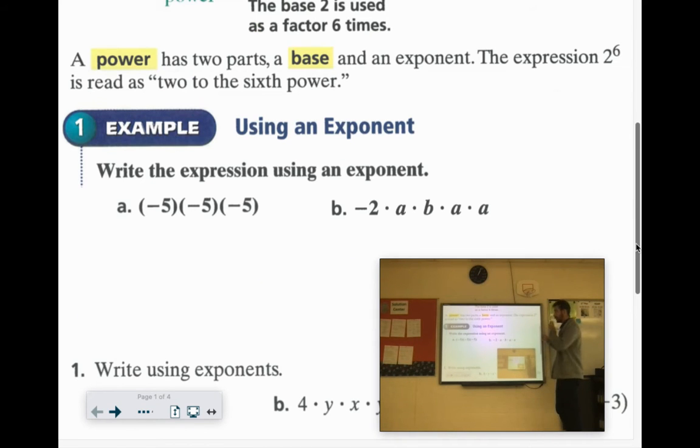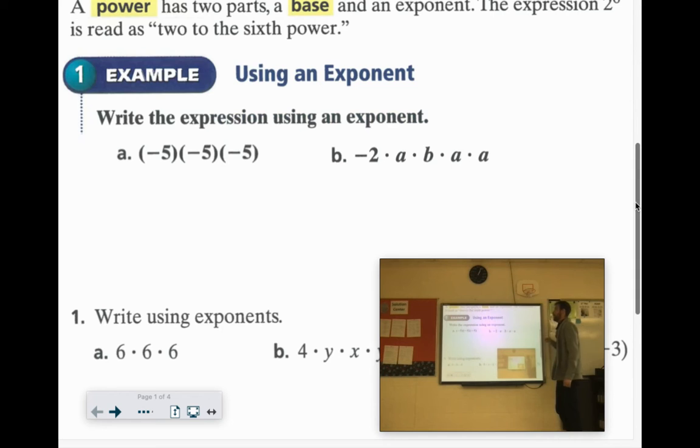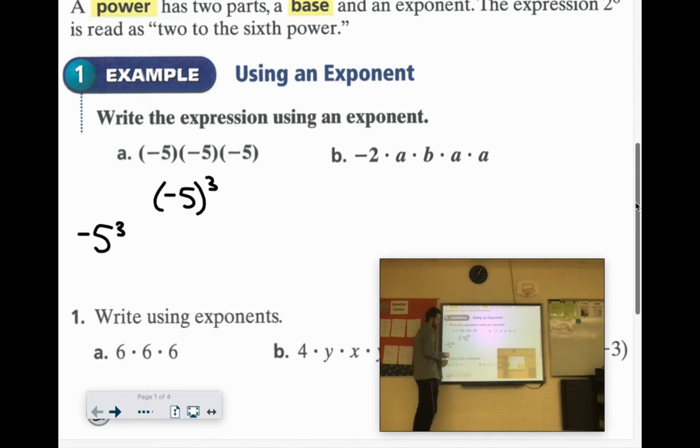So write an expression using an exponent. Negative 5 times negative 5 times negative 5. There's 3 of them. So this would be negative 5 to the 3rd. Now you're going to want to put it in parentheses here. Because if you just wrote it like this, it's like saying the opposite of 5 to the 3rd.